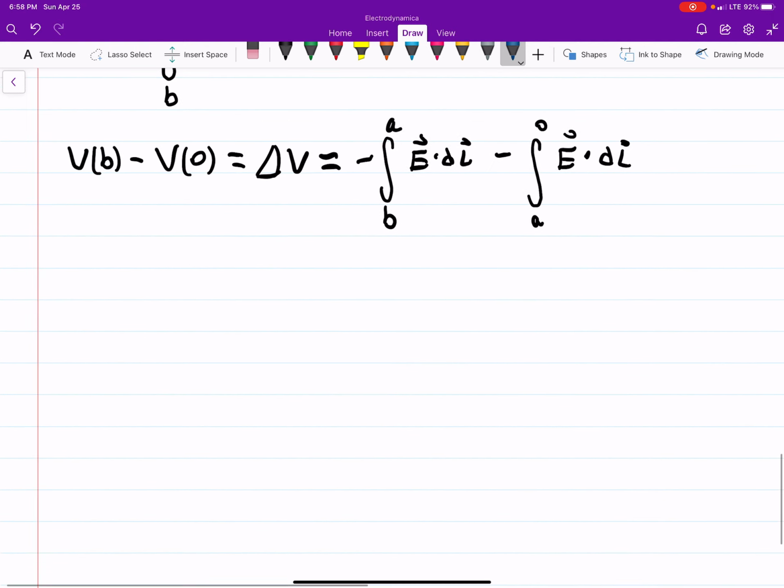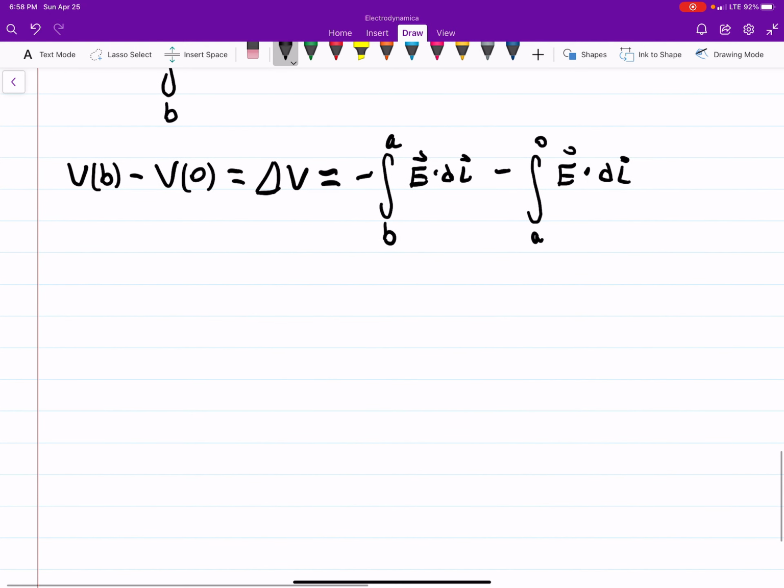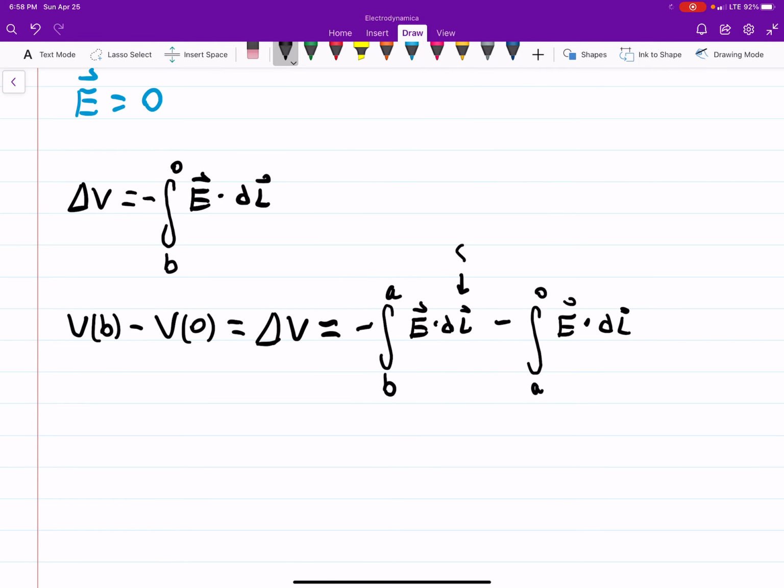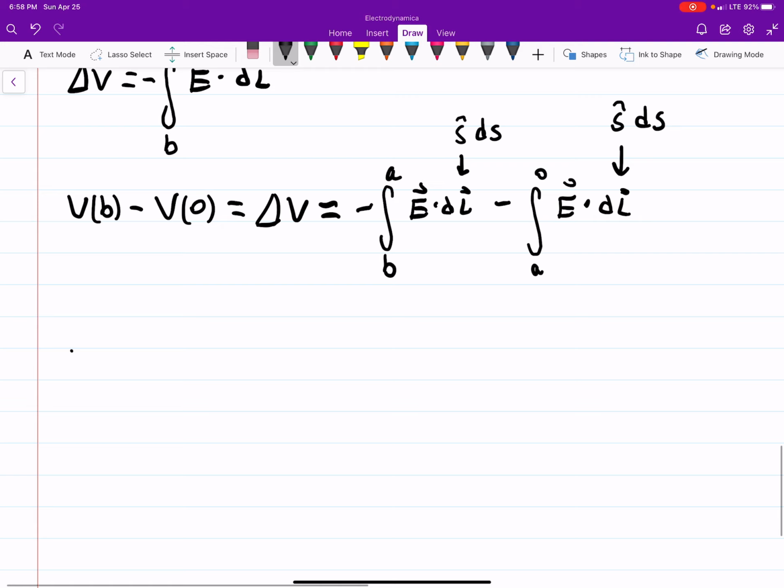And we found those, so that's actually good. The dl in these cases will be just S hat ds. So the S hats will end up going out of our equation here, which is nice, and we'll get the ds for the integration. So our potential difference will be minus the integral B to A.